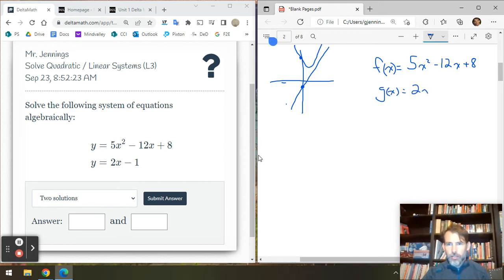Where does g of x, 2x minus 1, equal f of x, 5x squared minus 12x plus 8?